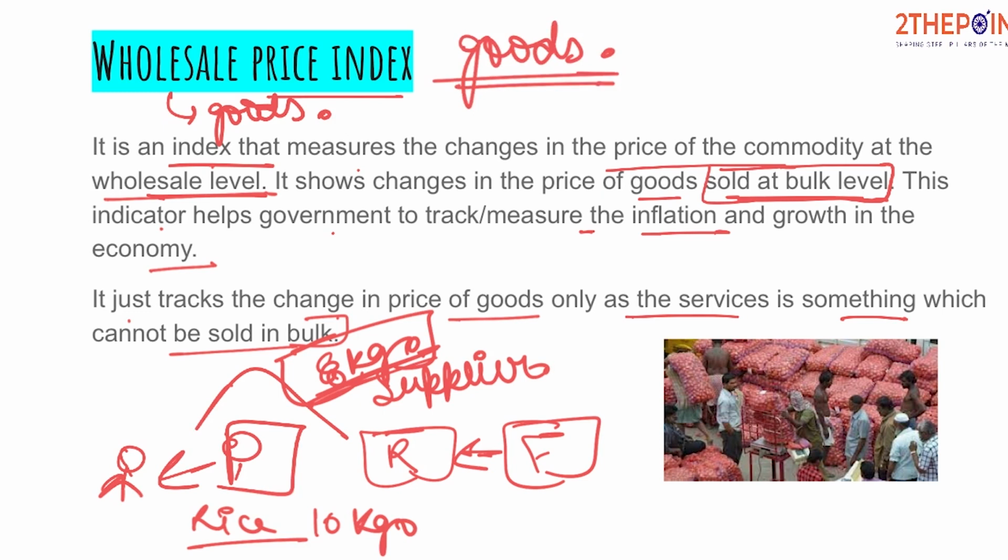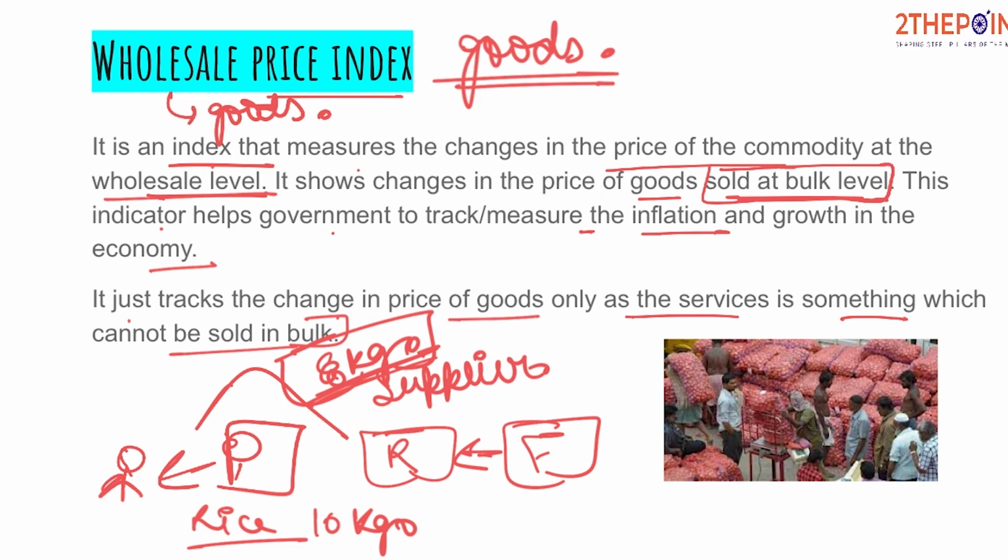In order to understand why an index tracks certain goods or services, please try to understand the logic behind including such goods and services. Once you grasp the logic of why certain things are included and certain things are excluded, it becomes very easy to understand and remember it for a longer period of time than to rotely memorize that in this index only this and this is included.